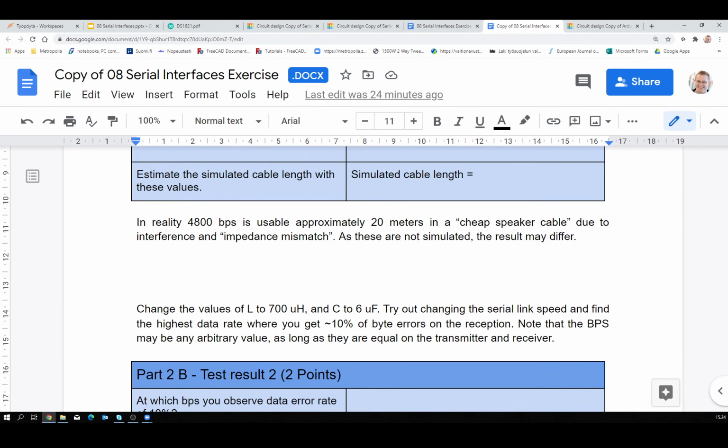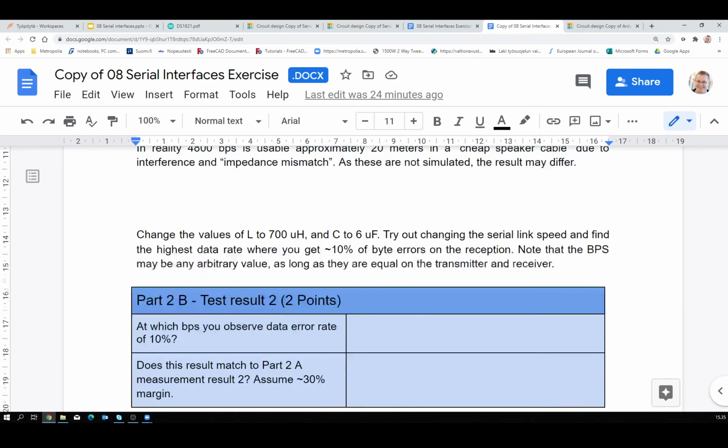And in reality, at 4,800 bits per second, you should be able to go to 20 meters, even with the cheapest speaker cable you can find from Clas Ohlson or something like that. But anyhow, remember, this is simulation. Reality is really reality. They should have the same ballpark number.